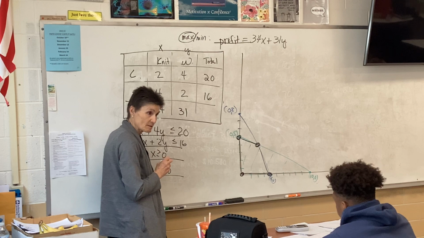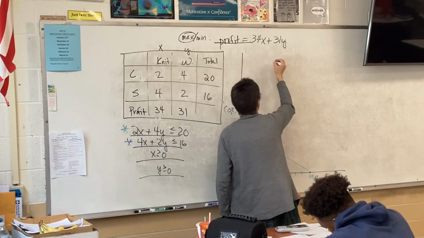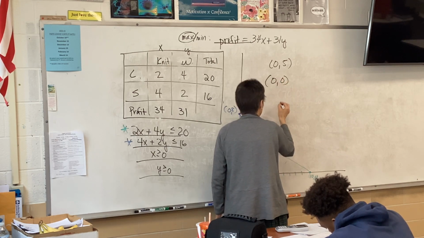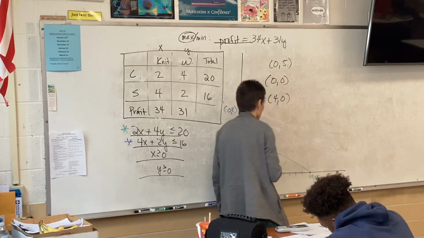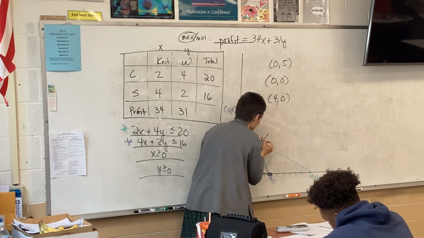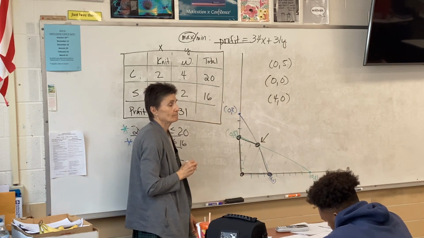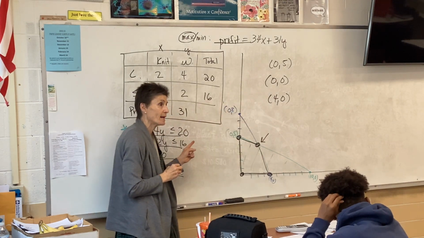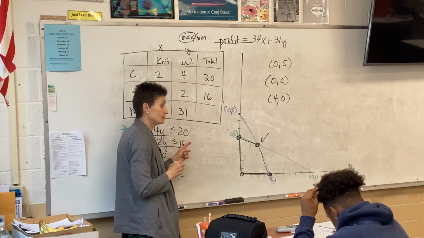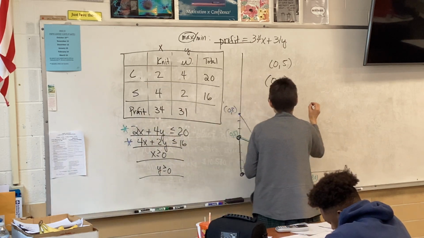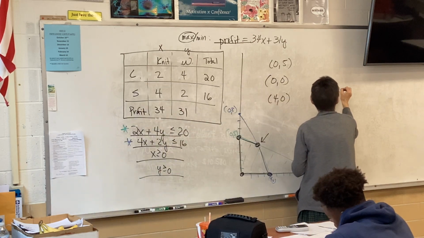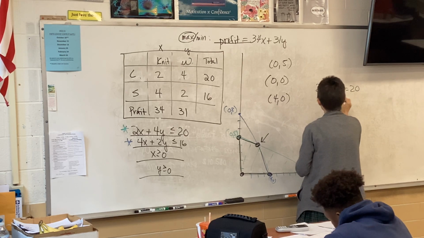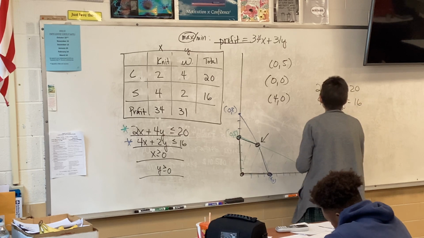So let's make a list of some points now. So most of them I know, 0, 5, 0, 0, 4, 0, and then drat, I gotta find this guy, which is the intersection of blue and green. So 2X plus 4Y is 20. 4X plus 2Y is 16.